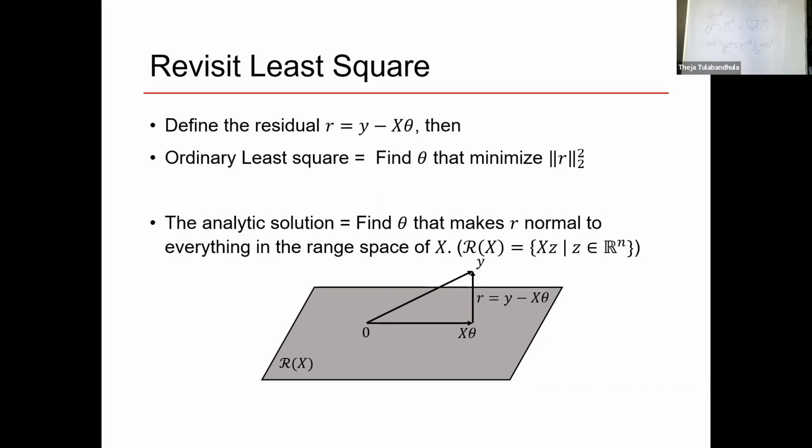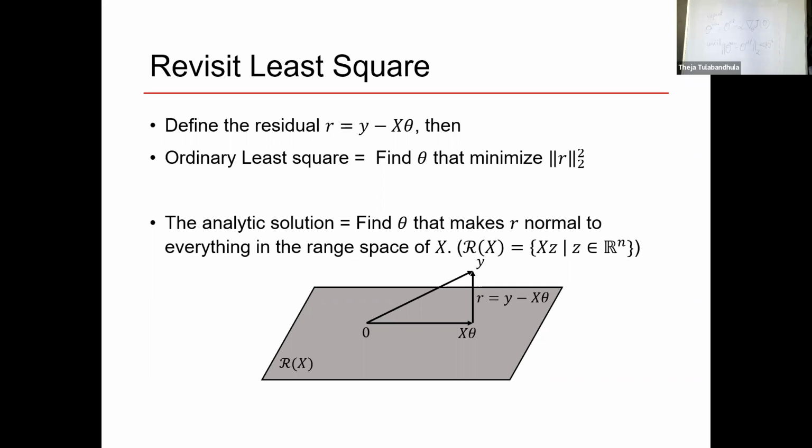Now there are some words there. The range space of X is given by this little bracket notation. It says you have this matrix, multiply it with every vector that is possible, hitting it on the right hand side, and you get some vector as the output. Collect all those output vectors.